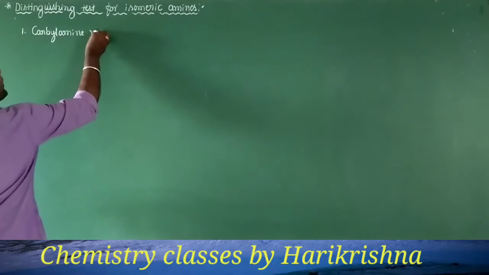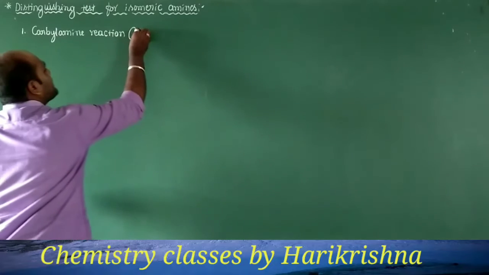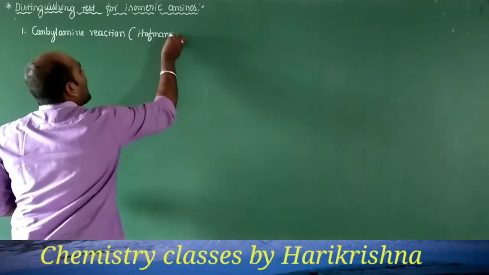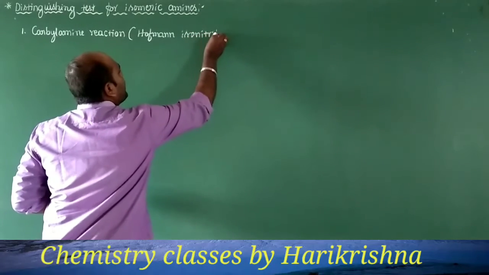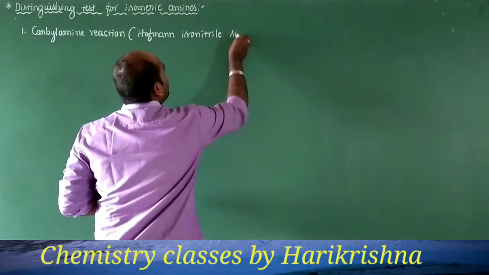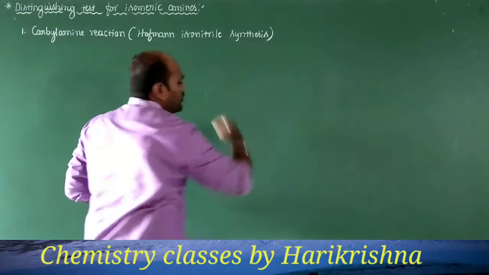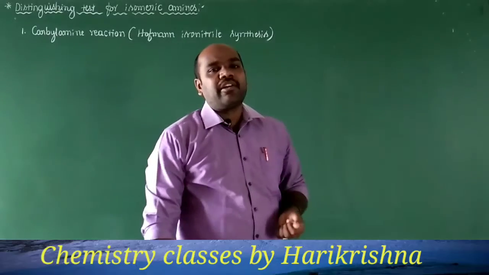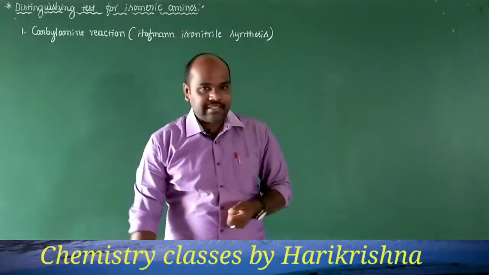This carbylamine reaction is also called the Hofmann isonitrile synthesis. Here I have written the word isonitrile. It is the IUPAC name given for isocyanides, so isocyanides are commonly called isonitriles in the IUPAC system.